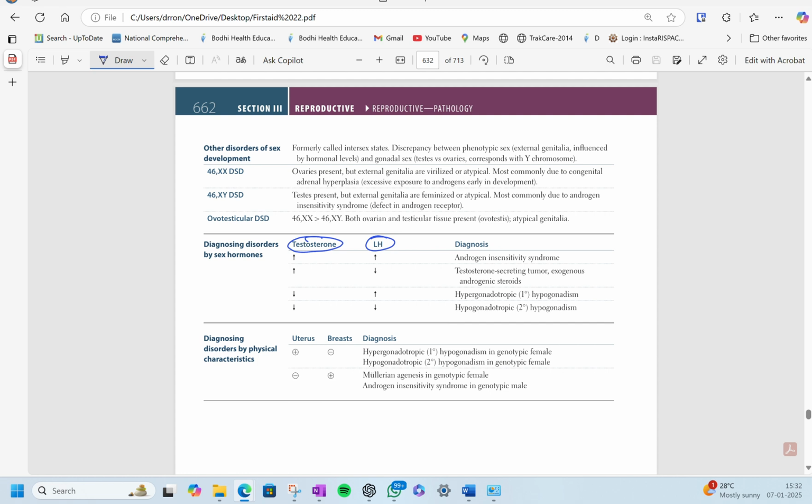We should see if the uterus is present and the breast is absent, or if the uterus is absent and the breast is present. And then we see the genotype.